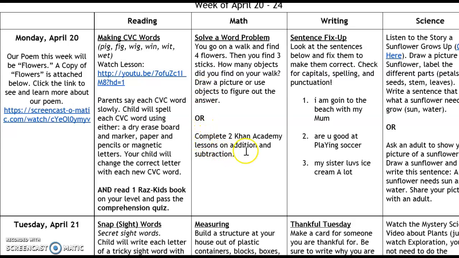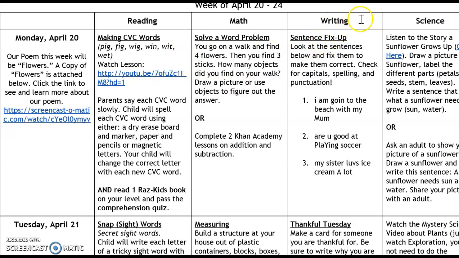Or if you're doing the Khan Academy route, do 2 lessons on addition and subtraction in Khan Academy. If you guys have extra time and you want to do both, that's up to you. We're only asking that you do one, but I know you might have extra time to fill up and your child might need extra activities. So it's to your discretion.